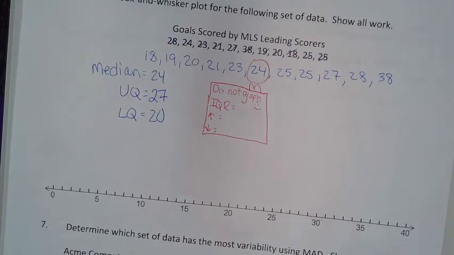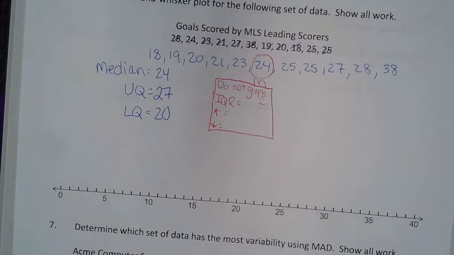But it just helps us find the outliers. How do I find my IQR? Good. A range is just a subtraction problem. If it's the interquartile range, we're going to do the upper quartile minus the lower quartile and get what? 7.